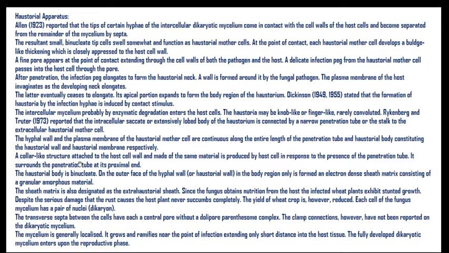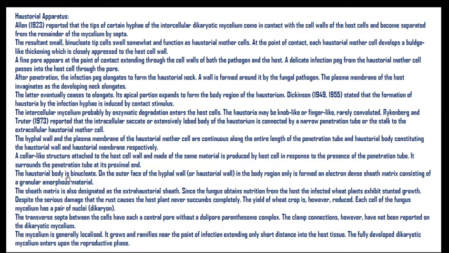Then a collar-like structure attached to the host cell wall, made of material produced by the host cell in response to the presence of the penetration tube, surrounds the penetration tube at its proximal end.